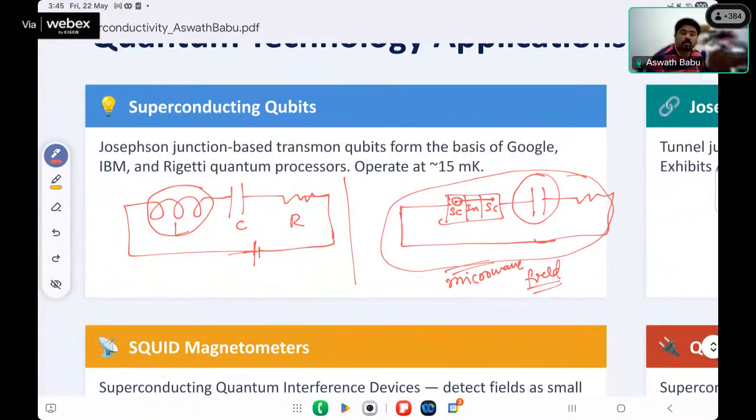Okay, so that will dictate how the capacitor is going to exist in only particular two quantum mechanical states. So the two quantum mechanical states would be, let's say, one corresponding to the ground state energy, the other corresponding to the excited state energy. Okay, right?